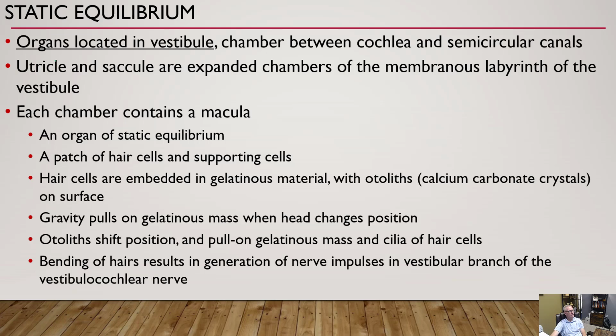So static equilibrium. Organs are located in these things called vestibules, which is between the cochlea and the semicircular canals. We have 2 vestibules called the utricle and the saccule. And really that's all. We're not going to worry about this. So static equilibrium, vestibules called utricle and saccule.